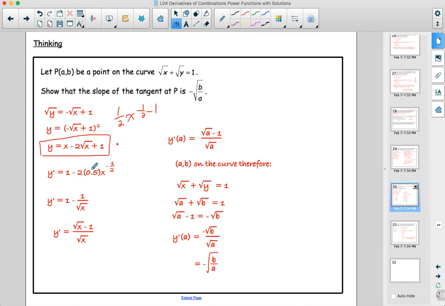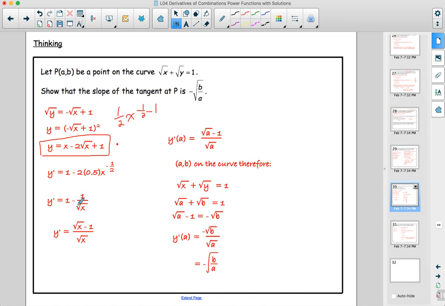So it would be negative 2 times 1/2 times x to the negative 1/2. But negative 2 times 0.5 is negative 1. I'm now going to put this in the denominator. X to the negative 1/2 is 1 over root x. So the derivative is 1 minus 1 over root x.